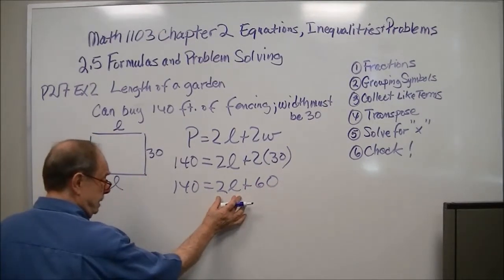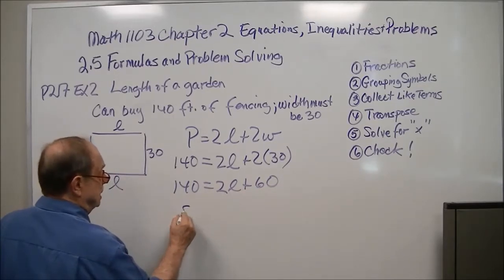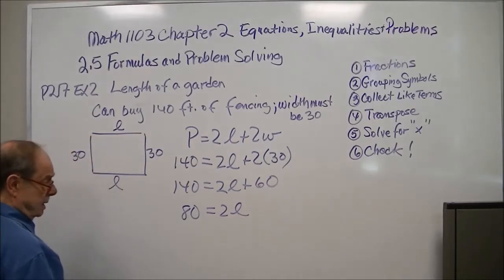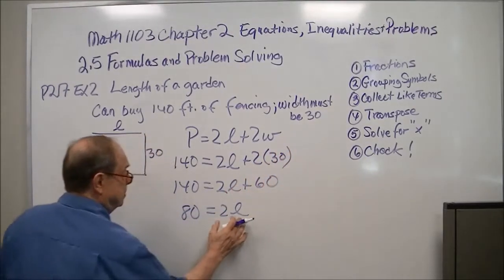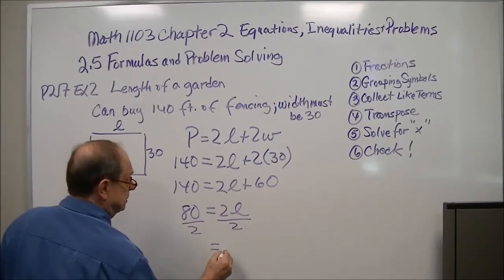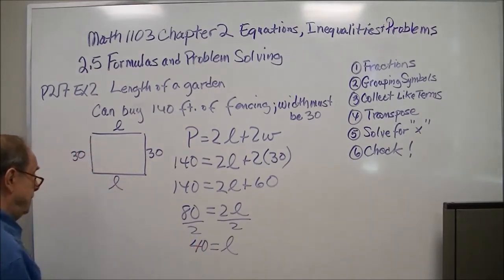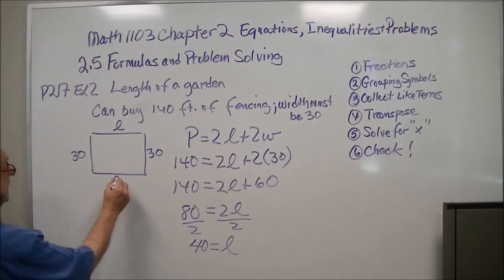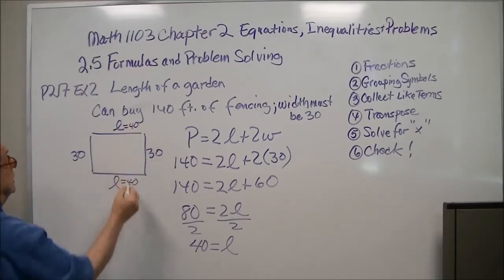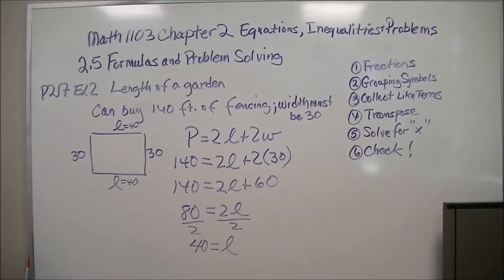I want to isolate the L, so I'm going to subtract 60 from both sides. I get 80 equals 2L. And now I'm going to solve for my L by dividing both sides by 2. I get my length equals 40. And if I add all these up, they add up to 140.